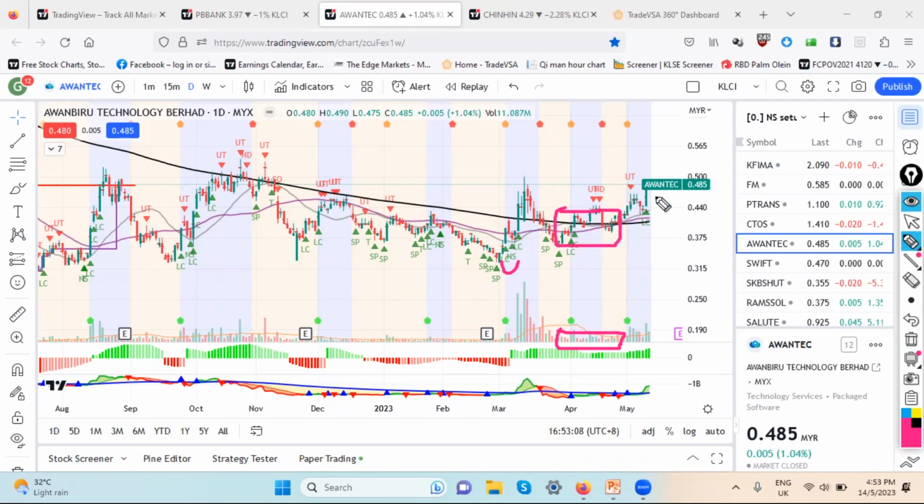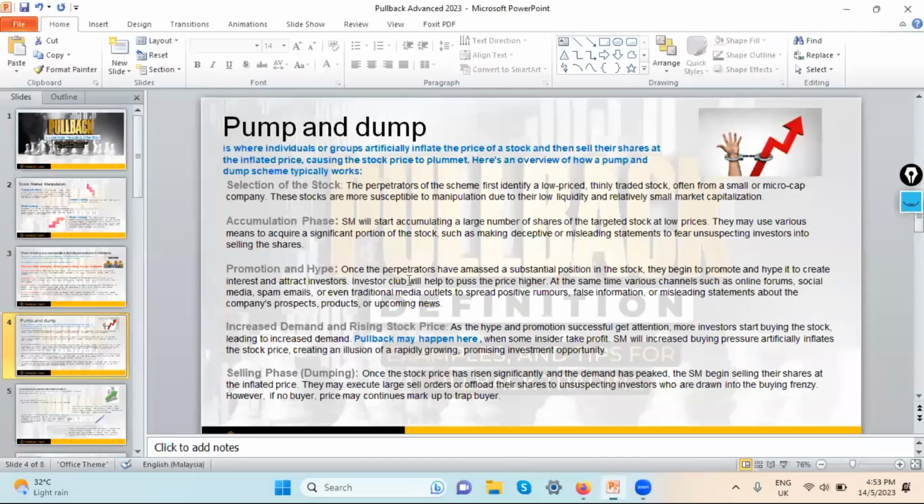But when you see news coming in again, the stock is already slowly and silently on the way up. In this stock you can see here the upthrust and this is the SP. You have an SP confirm, and actually here you have an upthrust override. These are a few terms that we use in our pullback class.